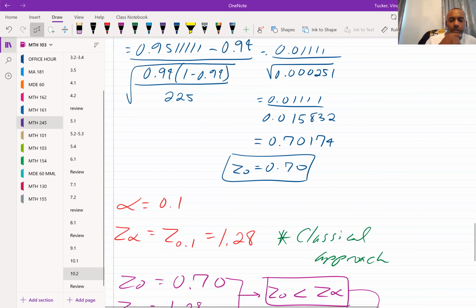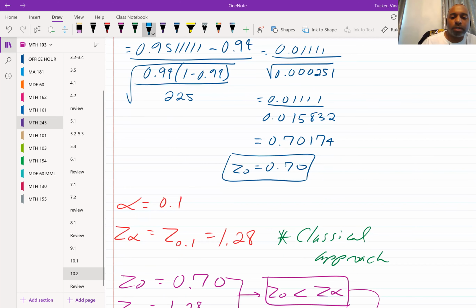Here I decided to use the classical approach. The other one said to use the p-value, but anyway, I use the classical approach on this one to give you a sample of that.